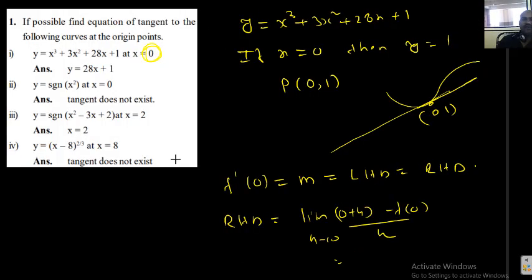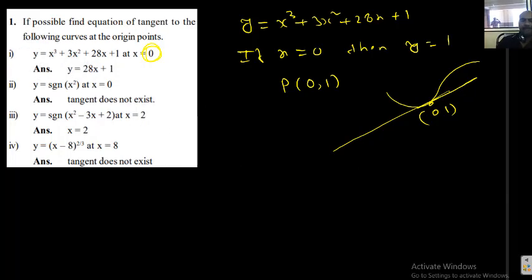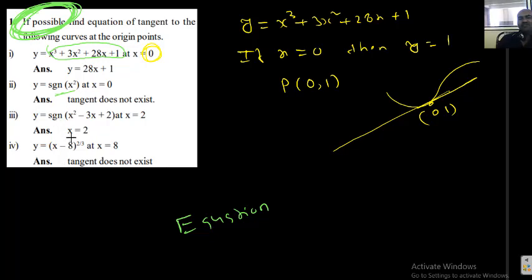By using the slope point form I can find the equation. Actually students, the important thing is this is a smooth curve. That's why I found only the RHD. Actually you need to find LHD and RHD clearly, if possible. So for this function and the remaining functions, try to find both LHD and RHD, then only you can conclude that is the slope. Okay.